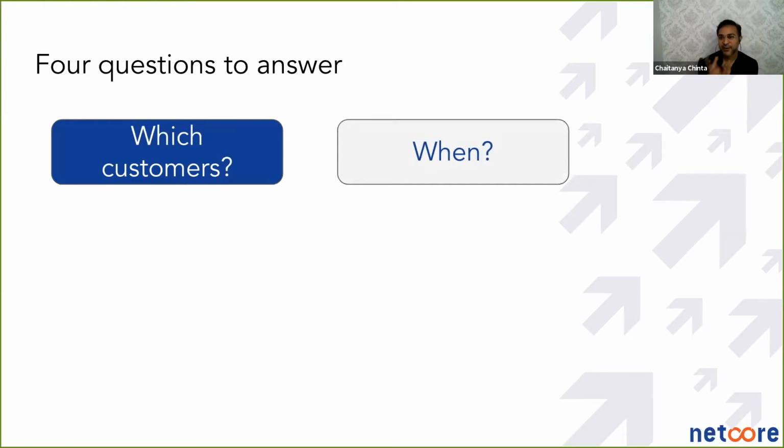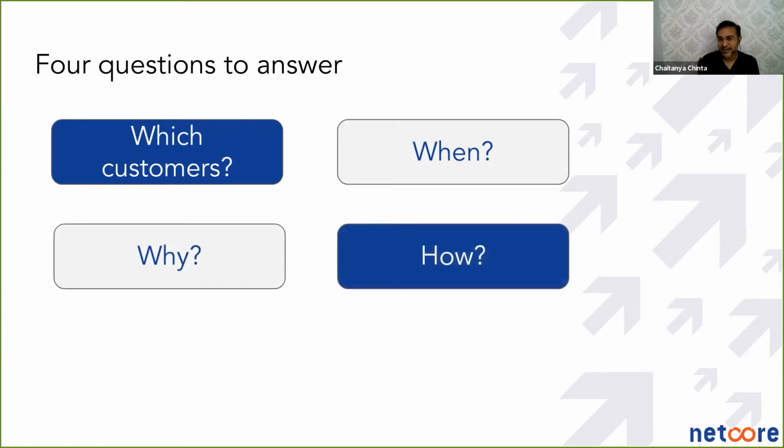And then understanding when are they turning inactive, and why are they turning inactive? Understanding that as a reason is also extremely important. And how do we re-engage? These are the 4 big questions that we need to understand before starting off with any reactivation program.